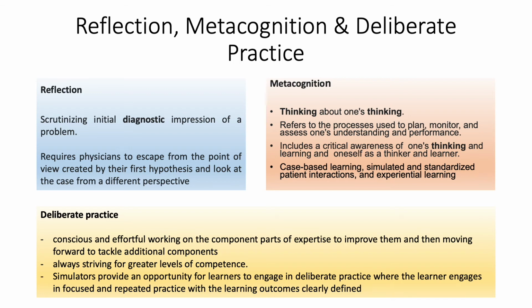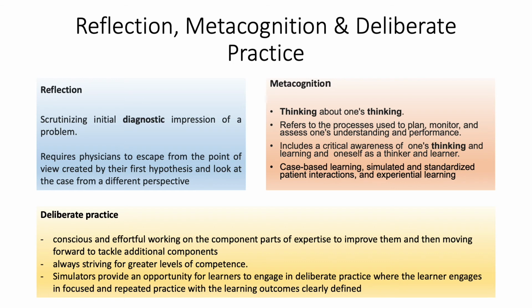Another method would be deliberate practice. This is where we have conscious and effortful working of components of expertise to improve them. And these are usually for a certain area of weakness that they have. For example, let's say we're going through the skill of clinical reasoning, and we find that the student is poor in coming up with a differential diagnosis and unable to justify the differential diagnosis based on the history and examination.